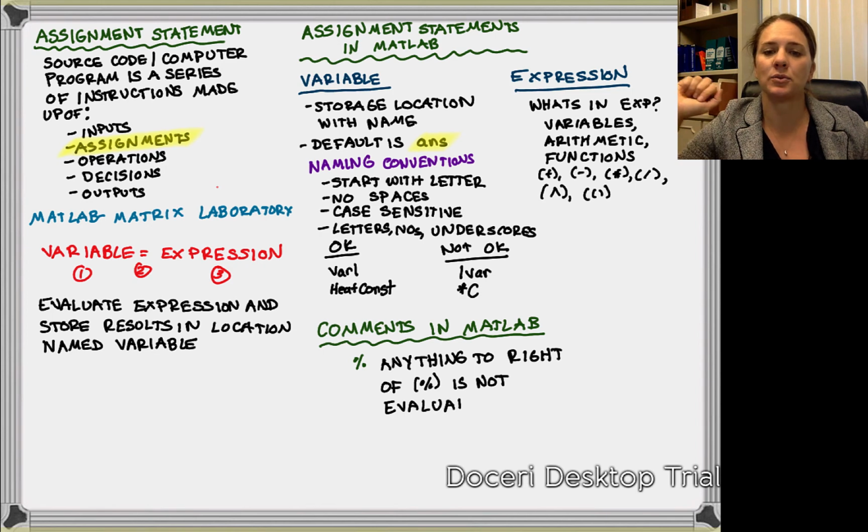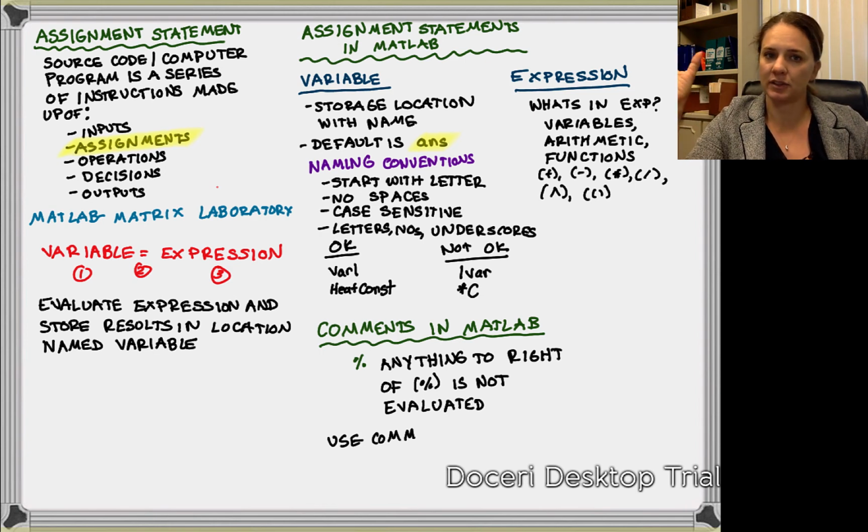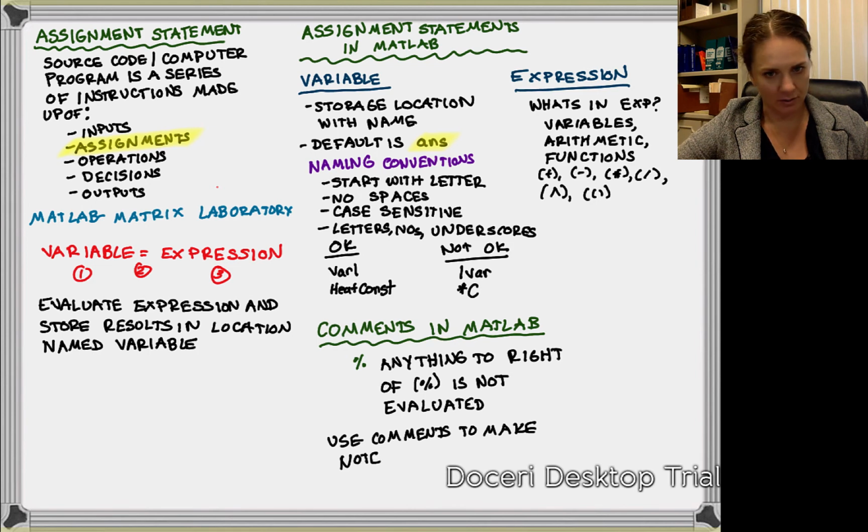And anything to the right of a % symbol is not evaluated. So you can have the % symbol and a whole line will turn green and not be evaluated, or it can be at the end of a line. You can put an expression in, or an assignment, and then have what it is to the right. And we are going to use comments, just like we did in Engineering 1, to make notes and document our programs.